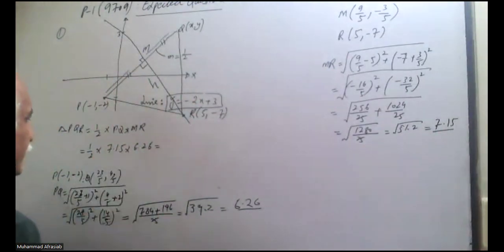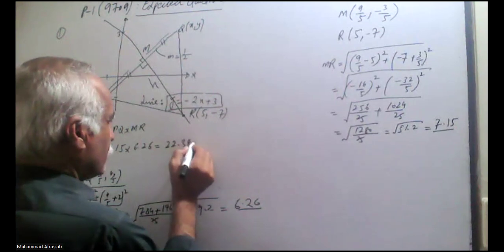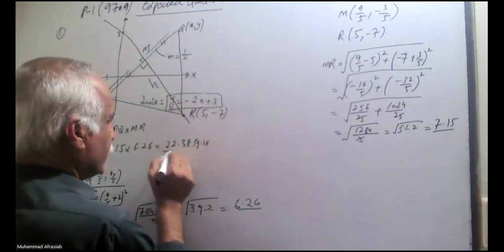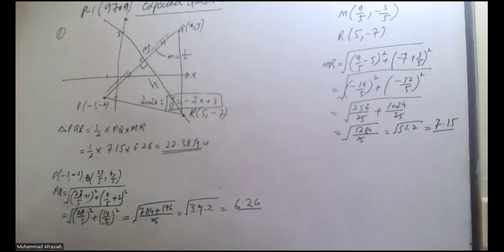So the area is 6.26 into 7.15 divided by 2, which is 22.38 square units. This is the area of the triangle PQR.